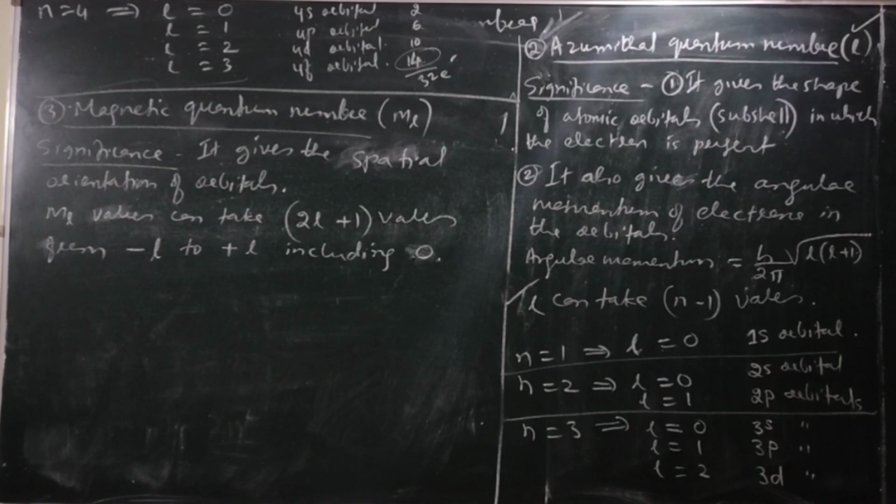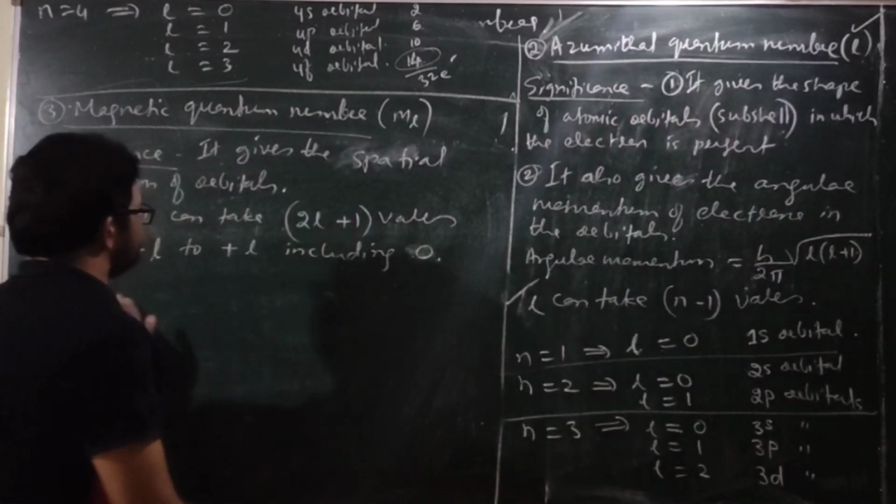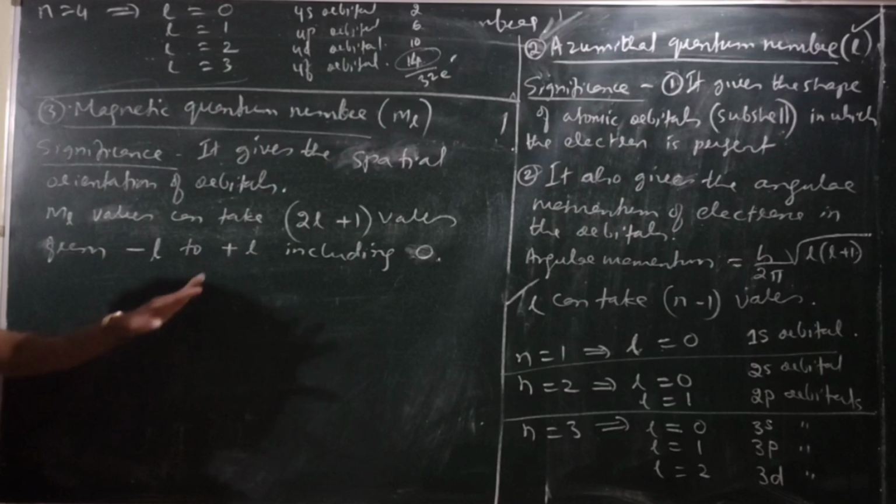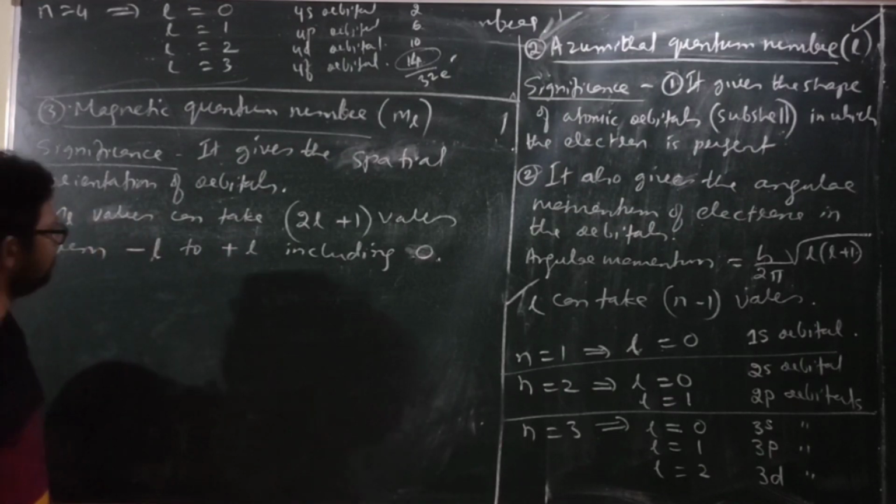Is it okay? From minus l to plus l including 0. How many values? 2l plus 1 values.